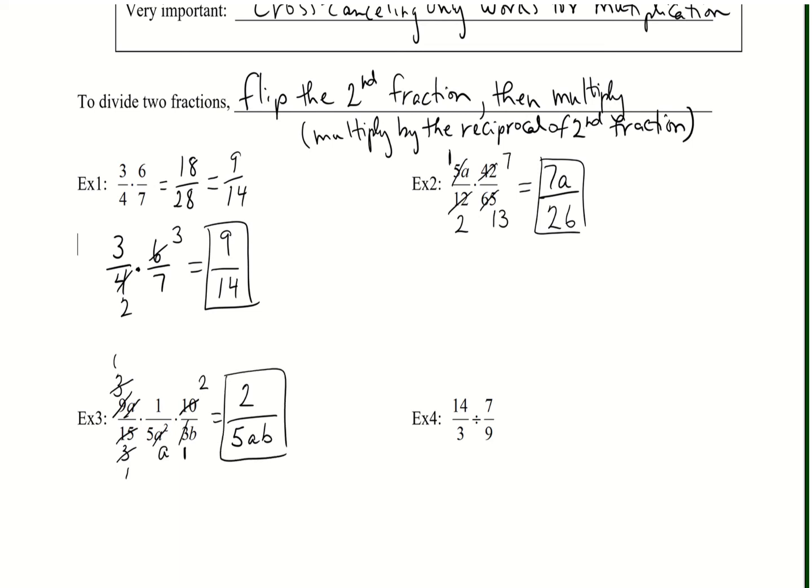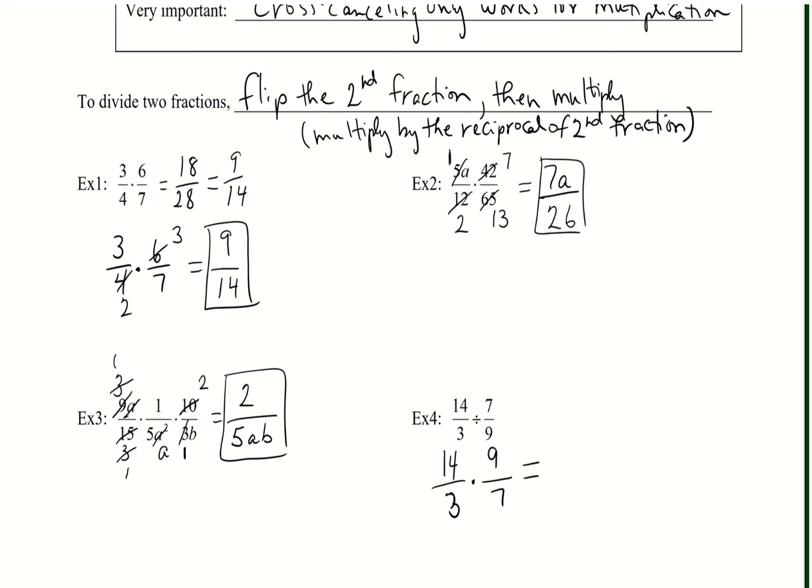Now example 4, we're looking to divide. And remember again, to divide two fractions, what we're going to do is flip the second fraction, then multiply. So that means we will rewrite this as 14 over 3 times 9 over 7. We're flipping that second fraction, or multiplying by the reciprocal.